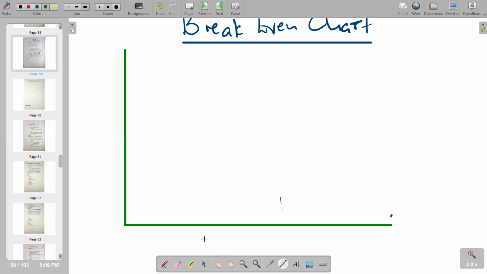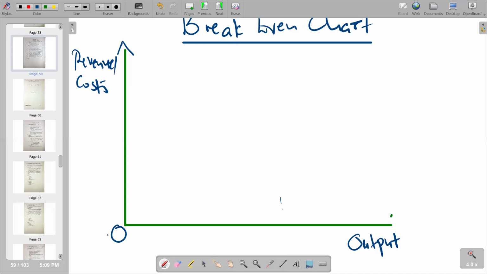Then we label them: on the vertical axis we have revenue or cost, on the horizontal axis output, obviously quantity, with zero there to show this is our point of origin.